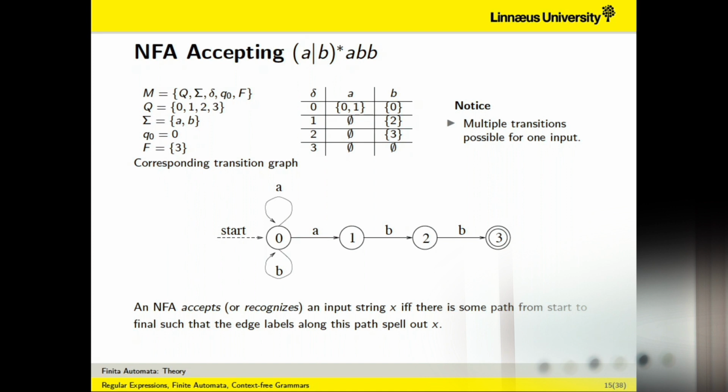Another path leads me to the same state. So in this case, this is a finite automata, but this is not a deterministic one. This is non-deterministic, because for one symbol, for a state, I have more than one path to move on.